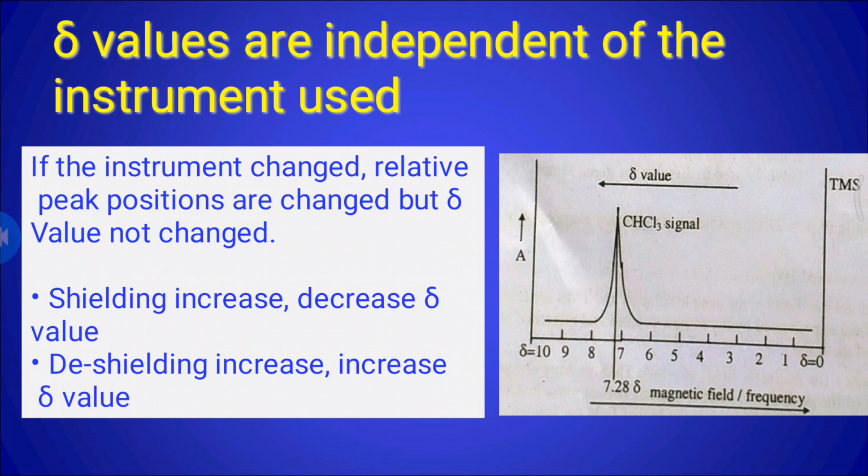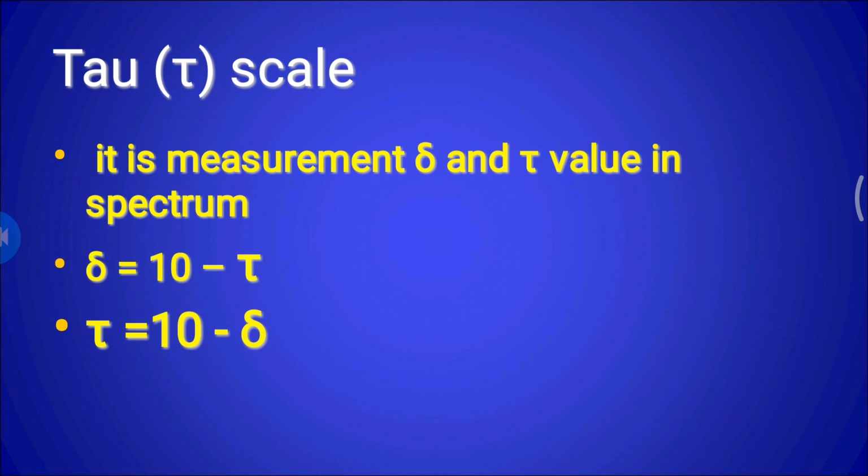When shielding increases, chemical shift decreases and the peak is observed upfield. When deshielding increases, the delta value increases and the peak position is observed downfield. Now the tau scale, which is another measurement of delta and tau values in a spectrum.